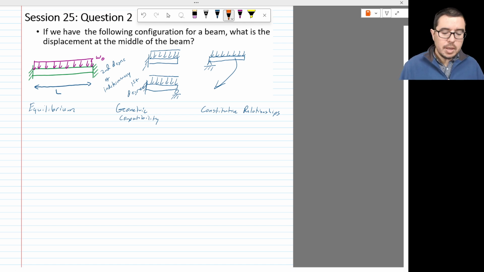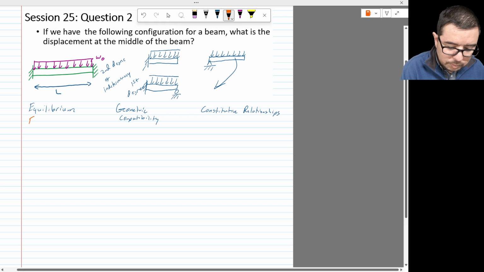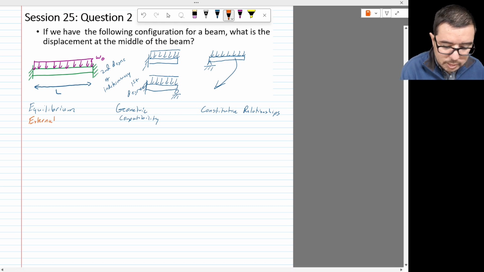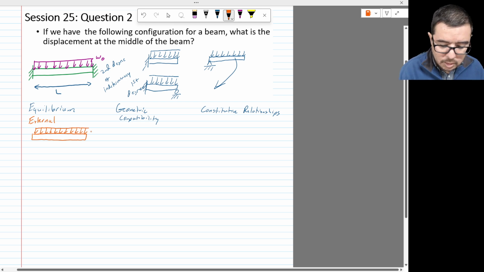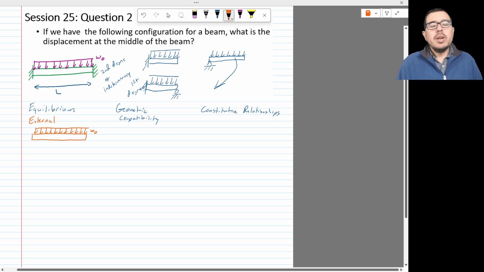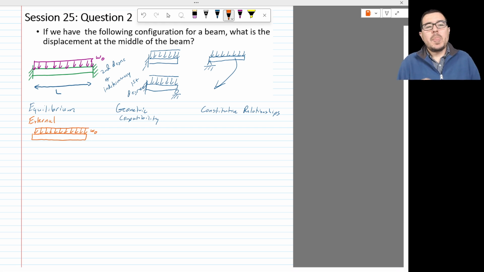For equilibrium, let's first do external analysis, external equilibrium. So I'll draw it out as just a beam with some distributed load on it like this, a bunch of arrows, and this has quantity W naught. And I'm going to already think about how symmetry tells me some things about the problem.